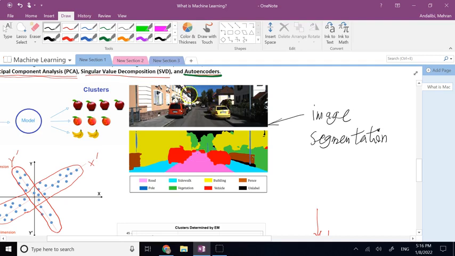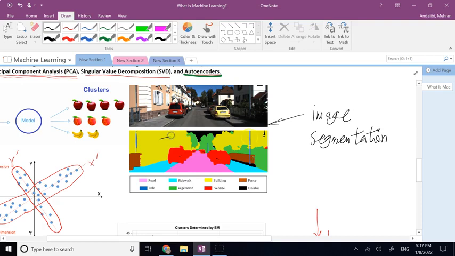So you see, I gave that image to a segmenting algorithm, or clustering algorithm, really what it is. And it has divided it into several different blobs or colors. For example, you see here the red regions are the cars, right?